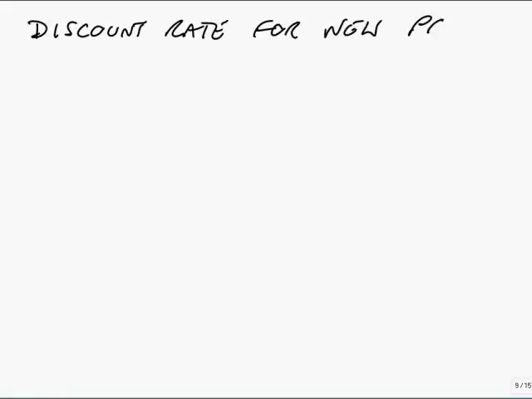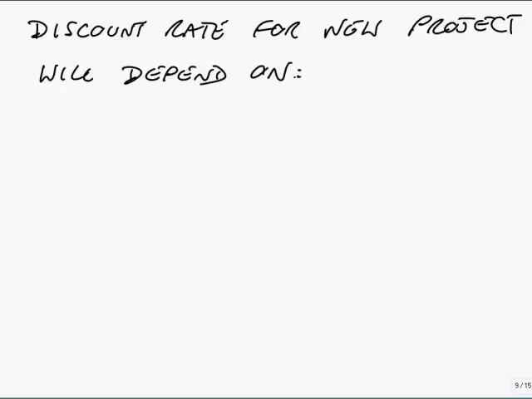The discount rate for a project will depend on two things. It's very short here. I'm sorry, there is a chapter on this, but I'm not prepared to read it to you. It's the previous chapter, but anyway. The discount rate for a new project will depend on two things.